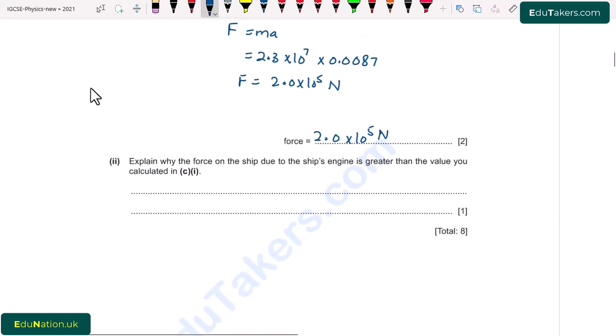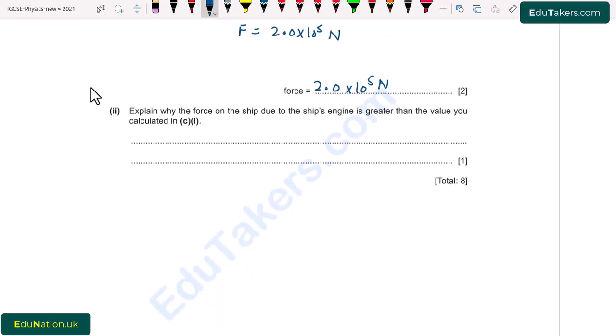Part 2. Explain why the force on the ship due to the ship's engine is greater than the value you calculated in C part 1. So in this question we have to tell the reason why the force on the ship due to the ship's engine is greater as compared to 2.0 into 10 to the power 5 Newton. So this force is basically greater because there must be water resistance.